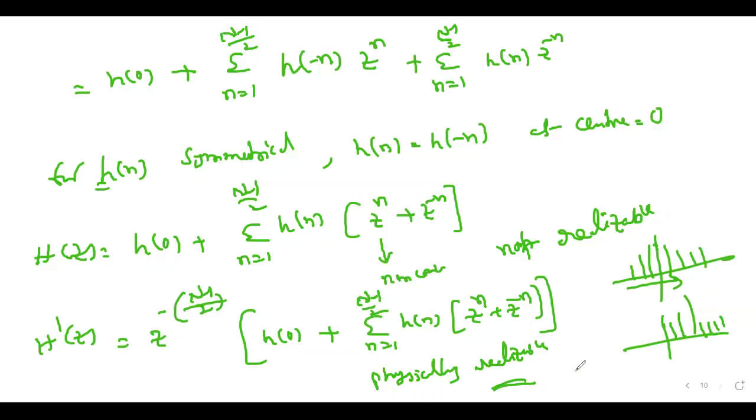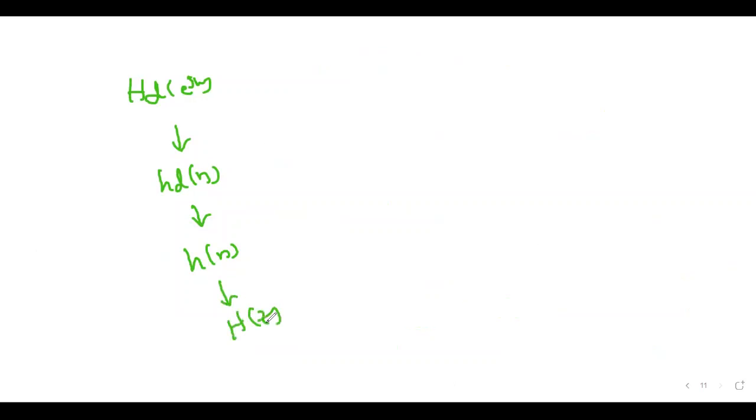Understood this? So for doing the problem, they will give h_d of e power j omega. We should calculate h_d of n by taking the inverse DTFT formula. From this, we have to select only a finite number of samples, and from this we have to calculate h of z.